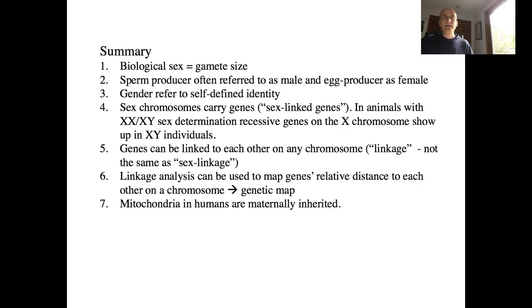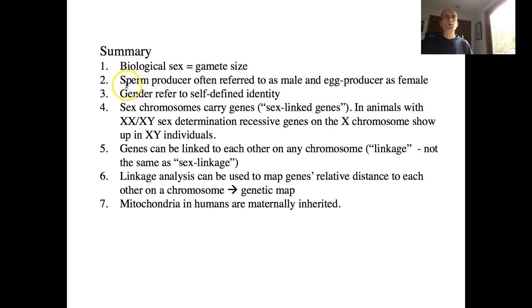Okay, let's recap what we discussed in the last lecture. So the last lecture was the one about DNA inheritance. We talked about inheritance, and then we talked about linkage and X chromosomal or sex chromosomal linkage as well. And so what we discussed in that second lecture of the Mendelian genetics portion, we talked about biological sex and gamete size and how that is defined.